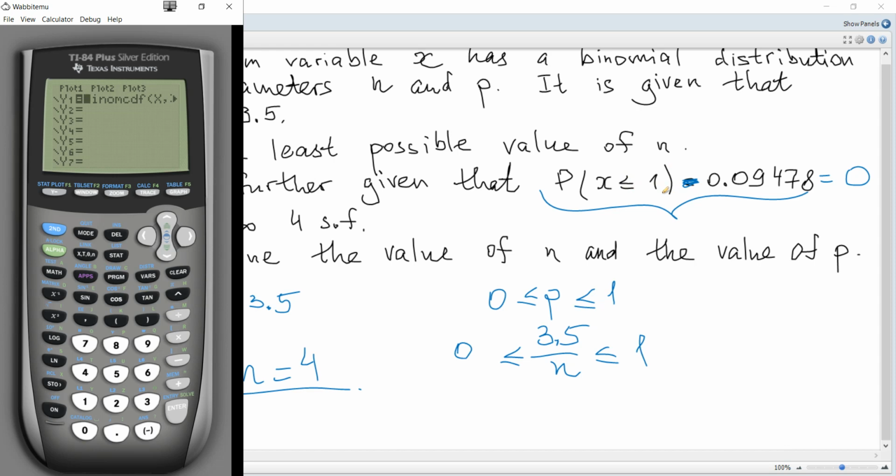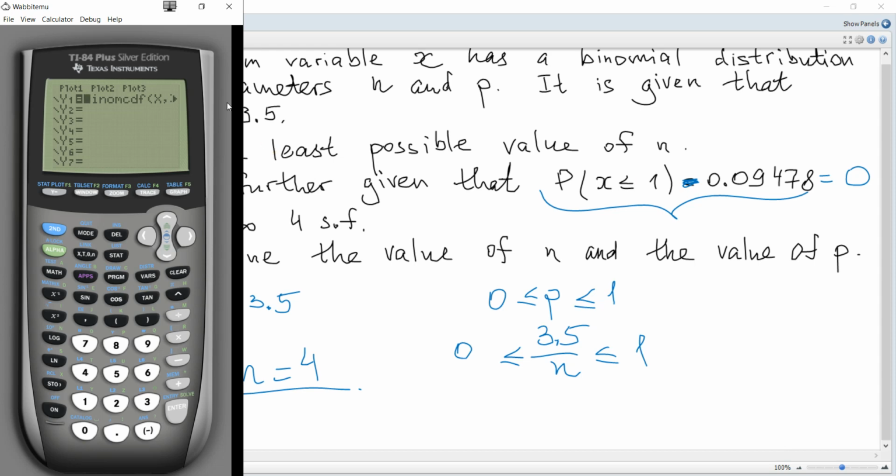It's binomial, and if we consider x less than or equal to some value, it will be binomial CDF up to 1. Or, since there are only two possible values of x, we can consider the probability that x is 0 plus the probability that x is 1.